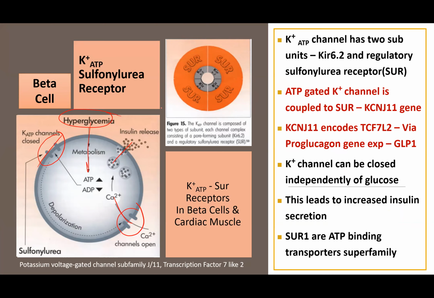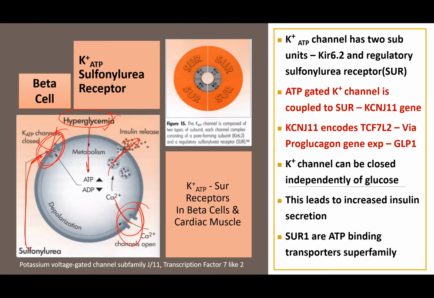The sulfonylurea receptor facilitates the closure of the KATP channels when sulfonylureas are there. When glucose is not able to stimulate enough insulin, the sulfonylurea goes and sits on this receptor and closes the KATP channel. That's where sulfonylurea acts, and then this automatically opens the calcium channel and releases insulin. This is the mechanism of action of sulfonylureas.